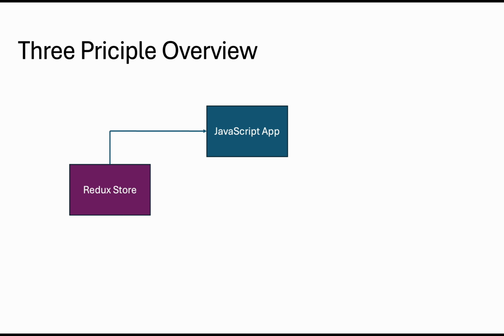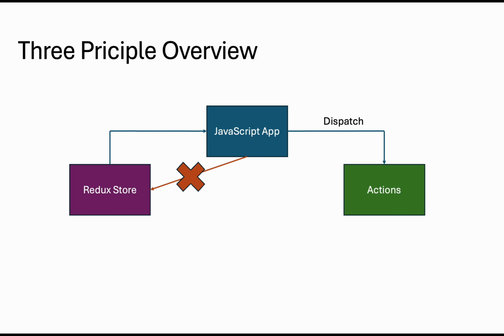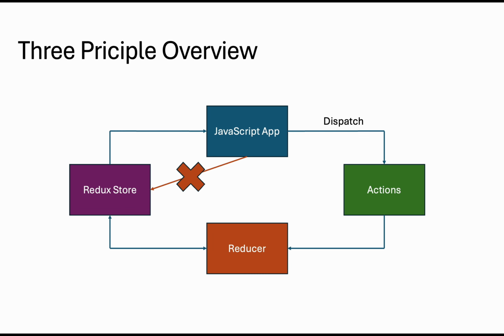What we have to do here is, we cannot update the state that is coming from the Redux store directly. Instead, we have to pass or dispatch an action. That action will allow us to update the store state with the help of the reducer. And then the updated state will be presented to the JavaScript app because our app is subscribed to that Redux store.